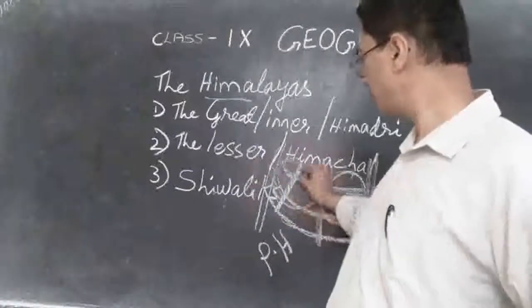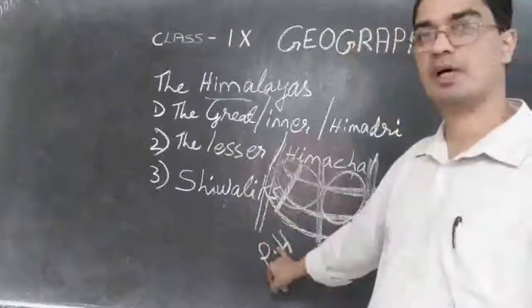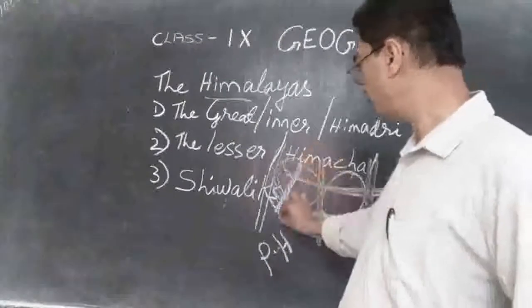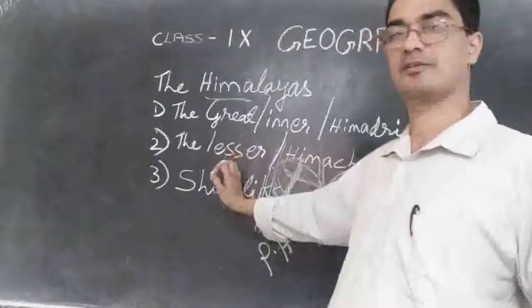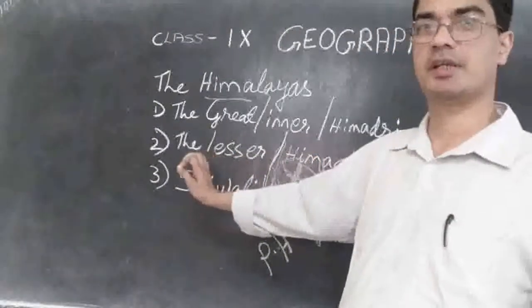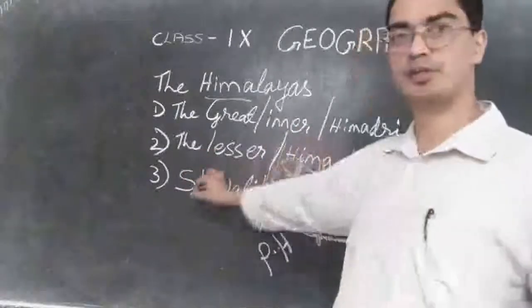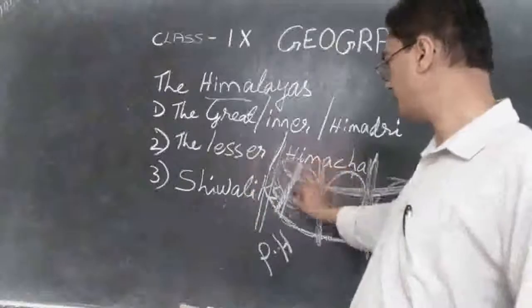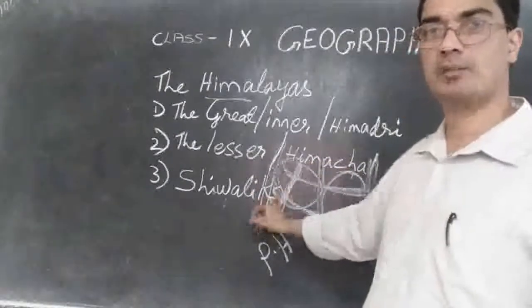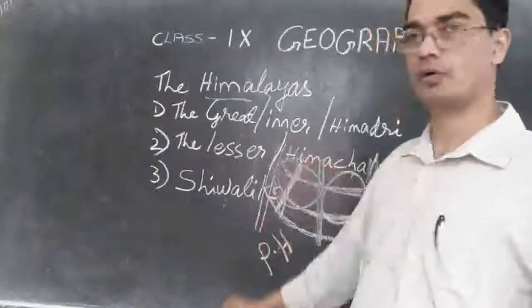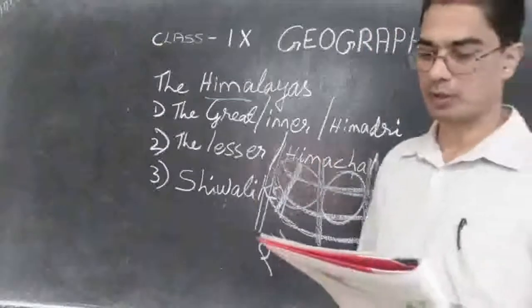As a whole, they call it Punjab Himalaya. People living in the western half call it Kashmir Himalaya, because this area is Jammu and Kashmir. Then this area they call Himachal Himalaya, because this is the state of Himachal.